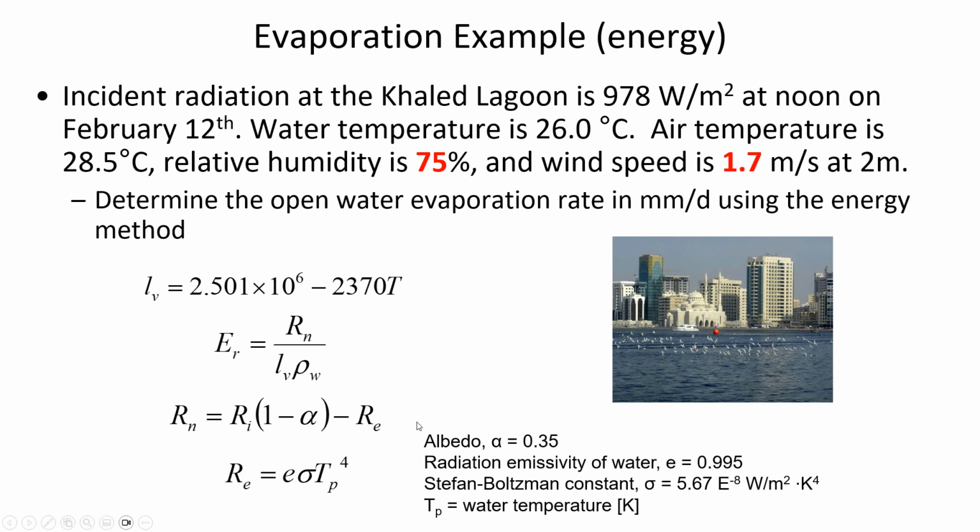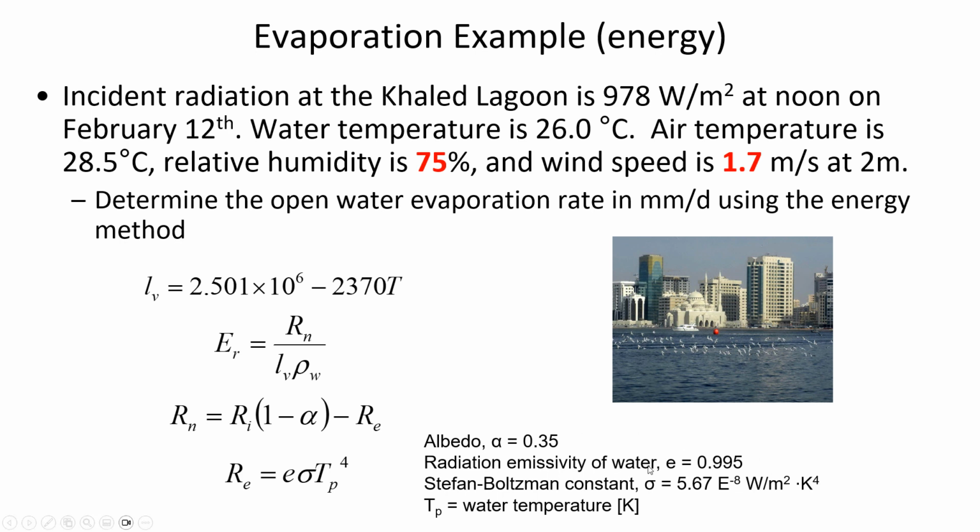A typical albedo, which is the reflectivity of water, is about 35%. So of the solar radiation that comes in, about 65% will be absorbed by the water and 35% will be reflected. That's why if you're swimming, sometimes you don't get as bad a sunburn as if you're laying out on the beach: the water actually does protect you a little bit because of the reflection off the surface.